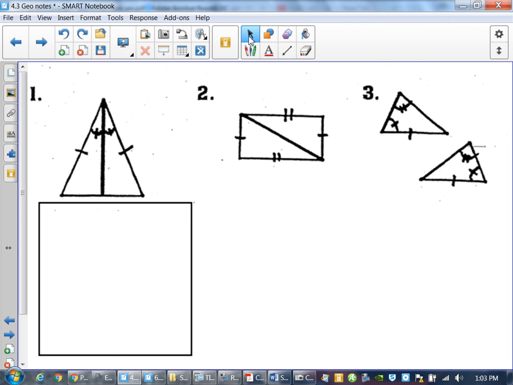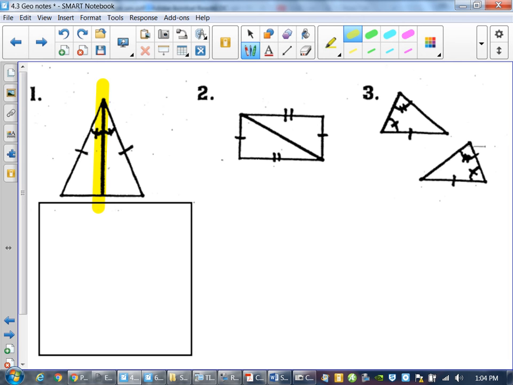What I want you guys to see is that part right there of the triangle is shared between both triangles, the two triangles on the sides. Do you agree? That is what we call a shared side.